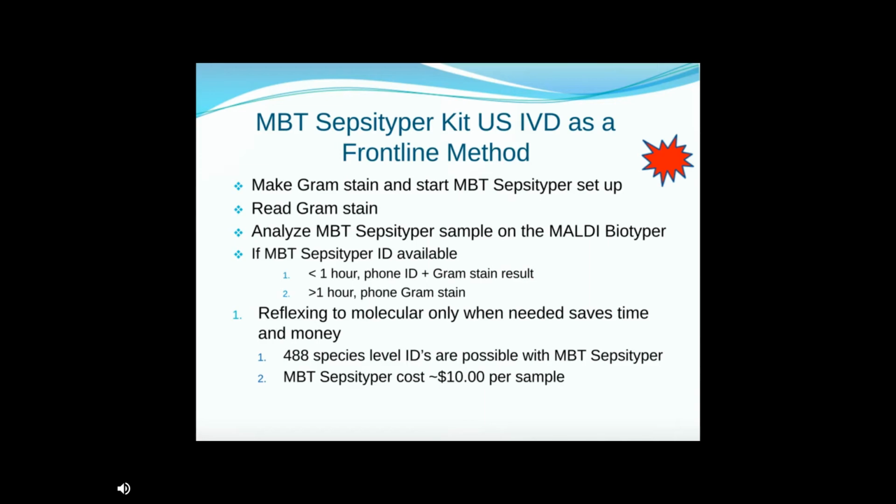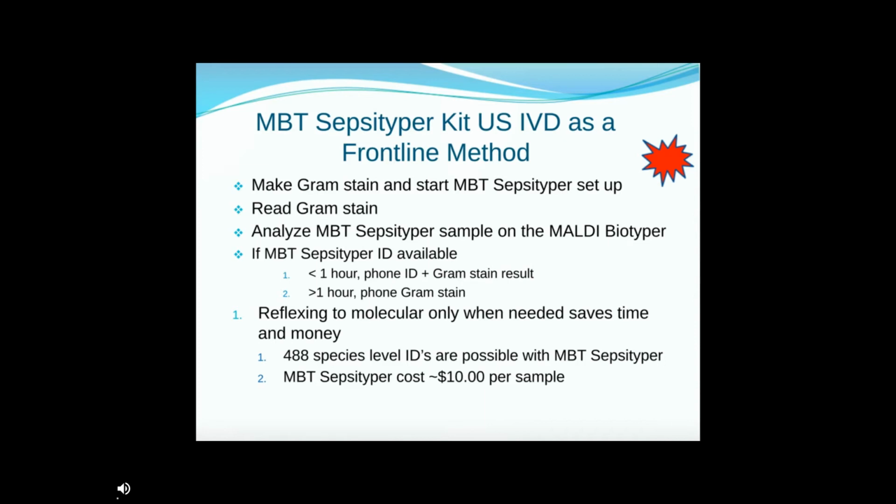One of the great things about the Sepsityper is if we're reading our gram stain and we're not sure, is it gram-negative rods, is it gram-positive rods, is it a gram-variable rod, then we really do rely on the Sepsityper, and that can give us good guidance as to what this gram stain is.